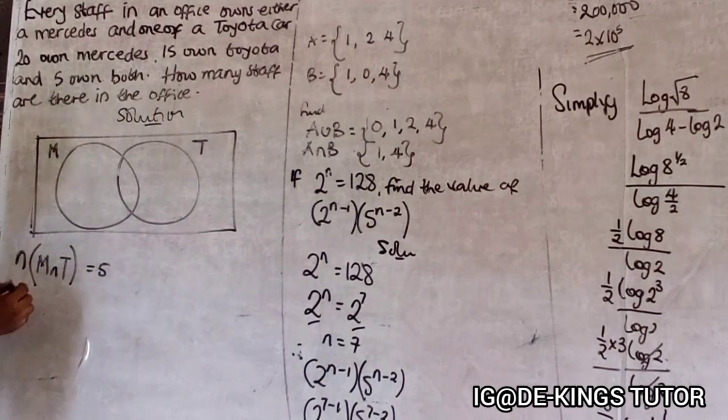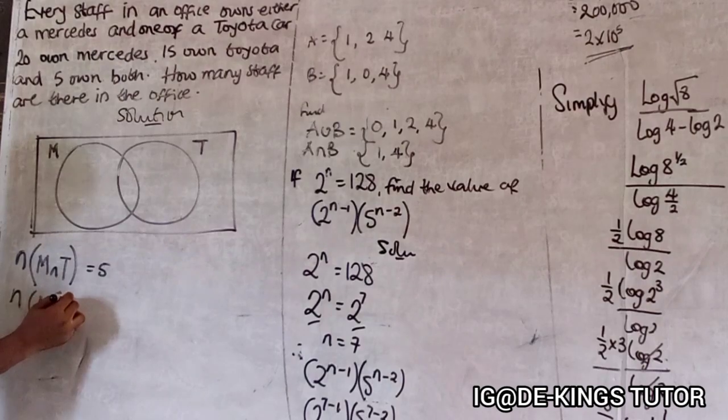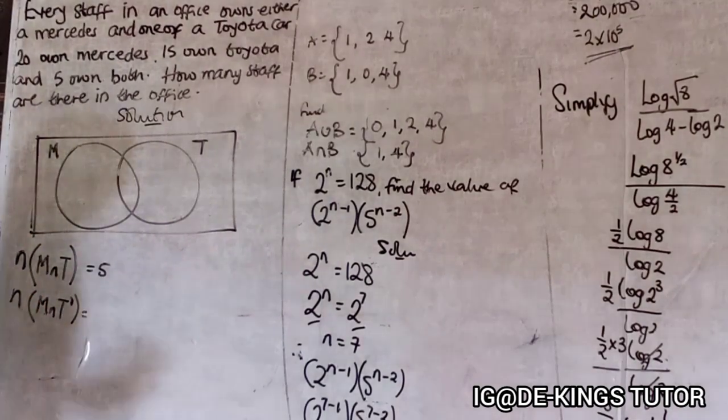So if we have the number of Mercedes intersection Toyota complement, what it means in this situation is what is not contained in Toyota. Complement means what is not inside the set of Toyota.